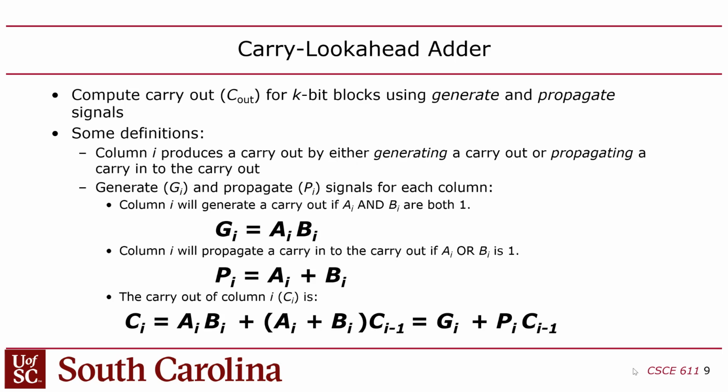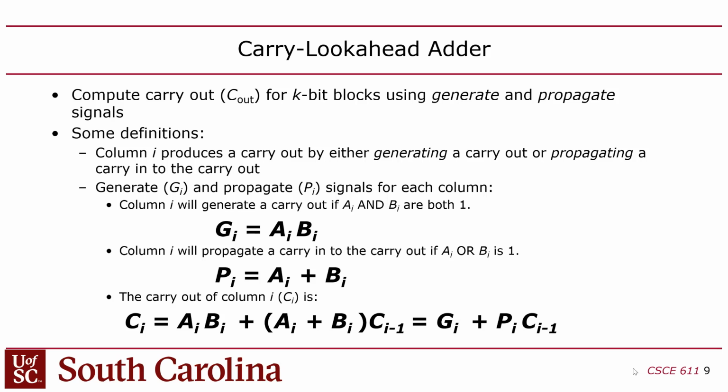Okay, so generate is a new bit we generate from each full adder, and the idea is that for each column, generate will be 1 if you're guaranteed to get a carry out from that column, regardless of the carry in. And then propagate is A_i OR B_i for that column.